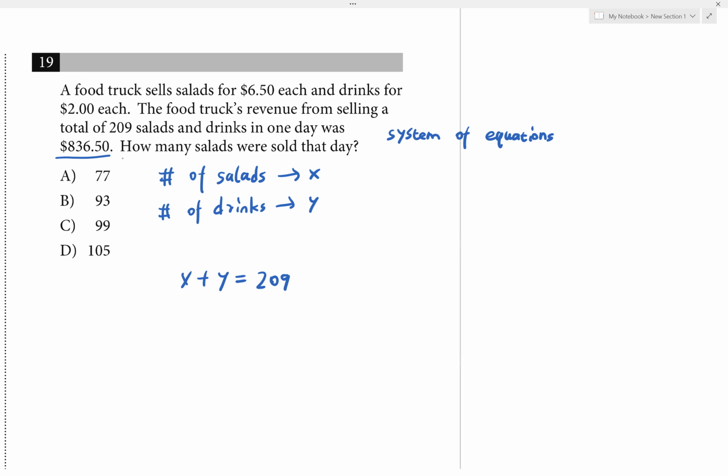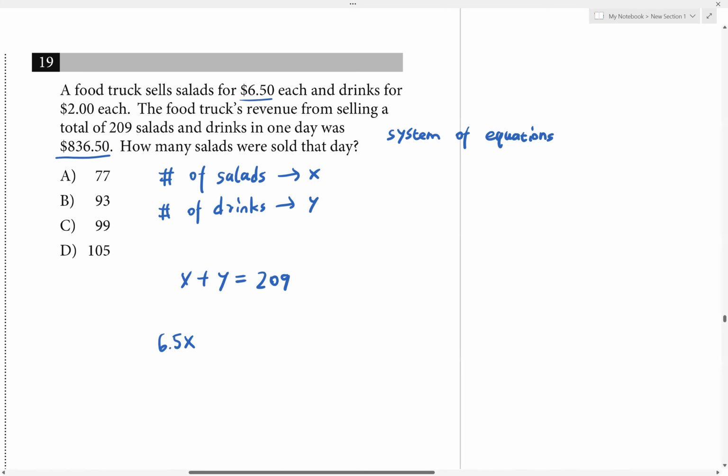So what we can say is one salad is $6.50 and we have X number of salads. So the total amount of money for selling all the salads, each one is 6.5 and we have X of them, so we multiply that by X. So 6.5X represents the total amount of money for the salads.